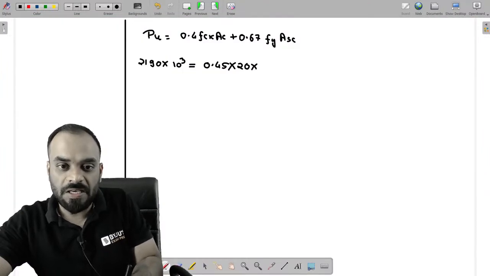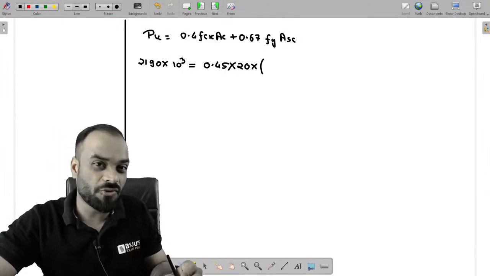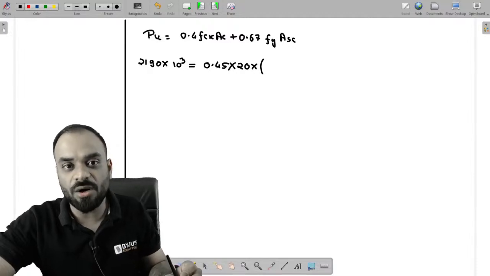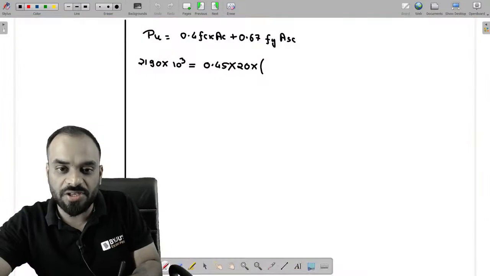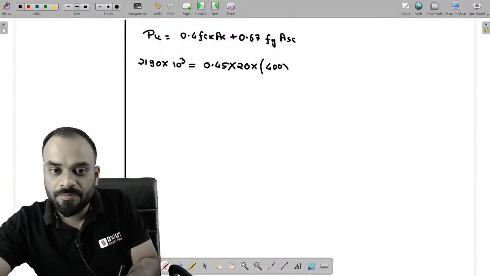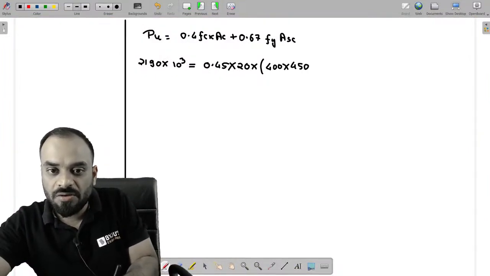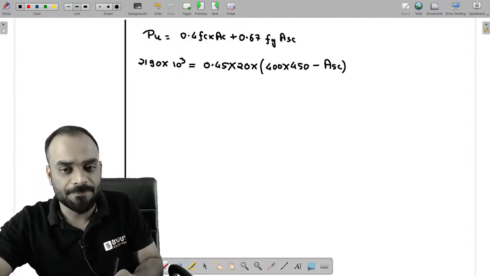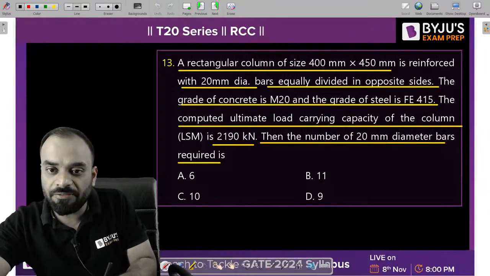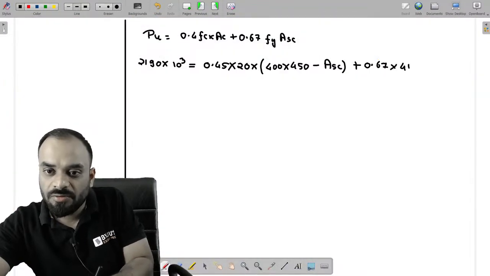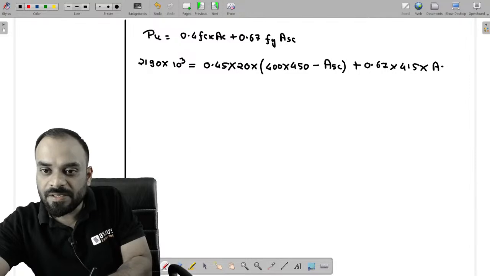AC is the net area of concrete after deducting the area of steel, so the cross section mentioned over here is 400 cross 450 minus area of steel. Let us consider ASC. Plus 0.67 FY. FY is 415. Then multiply by ASC again.